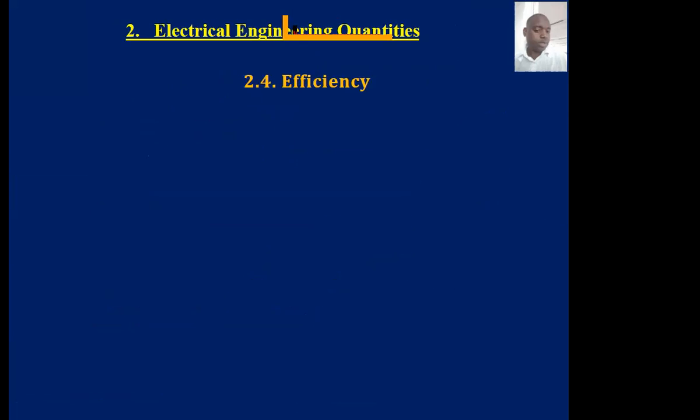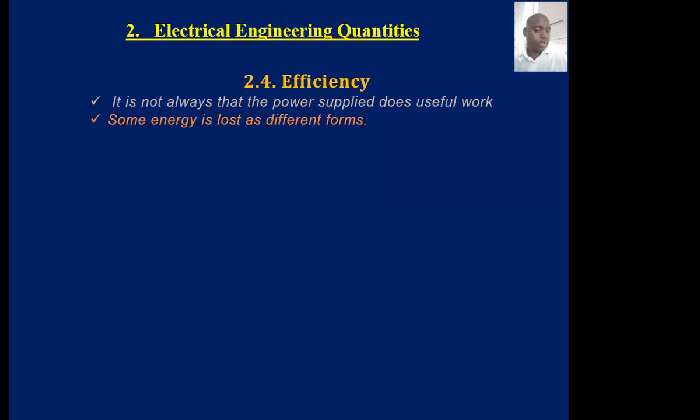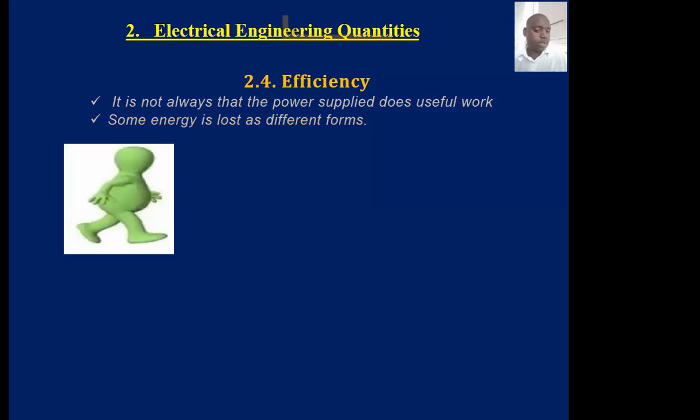Right. Then the other component that we talk about is efficiency. Right. So we know that power is not always used for work. Right. So some energy is lost in different forms. We know the forms of energy that we lose. So that is our supply.